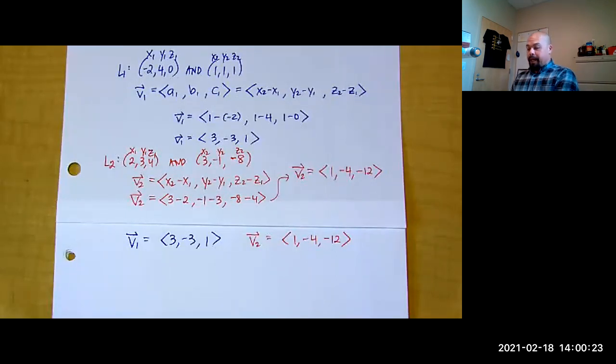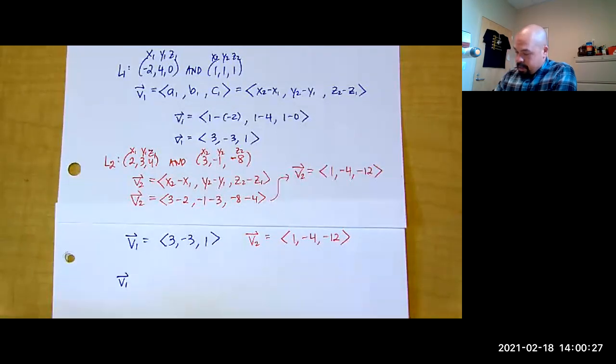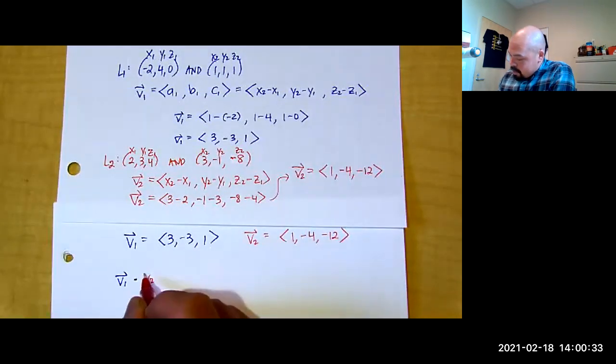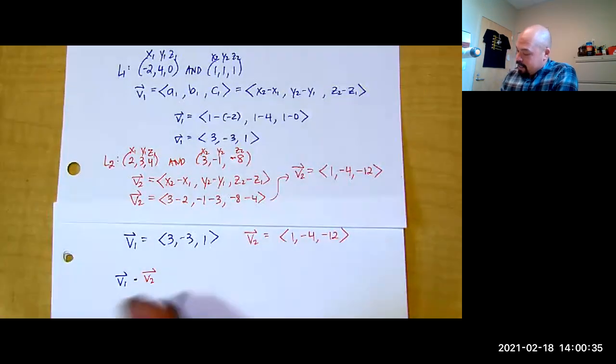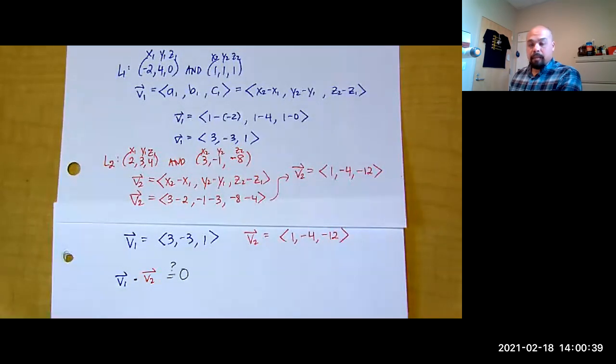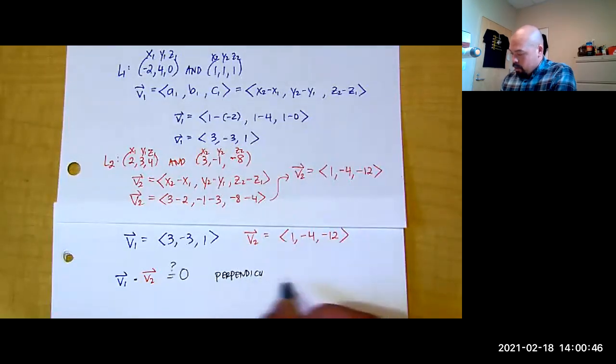Okay? But for them to be perpendicular or orthogonal, if I take the dot product, is that going to be equal to 0? That's going to be perpendicular or orthogonal.